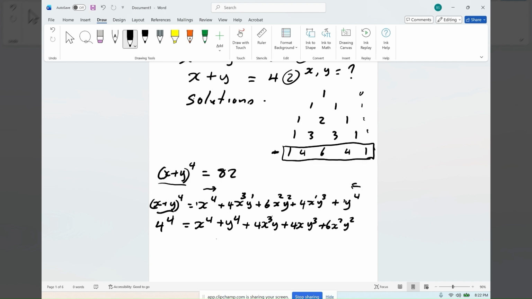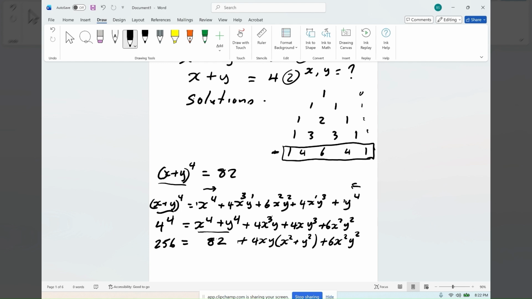We know that 4 to the 4 is 256, which is equal to x to the 4 plus y to the 4, which from equation 1 we know is 82, plus, let's factorize that as 4xy outside of x squared plus y squared, plus 6x squared y squared.